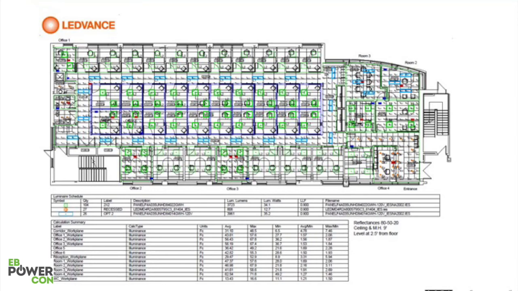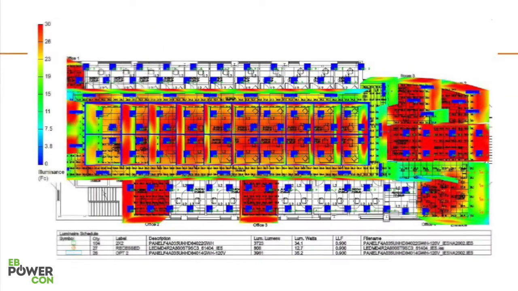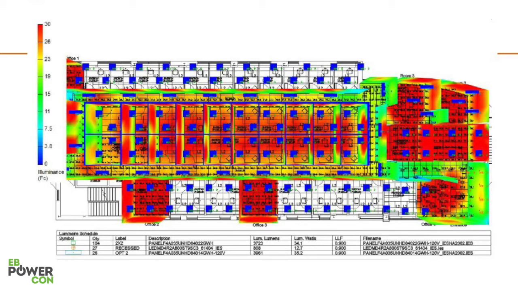You can see where the intense light is, where the lower levels are, and if you have to increase the lighting levels on certain areas. In this project, there had to be higher light levels in one spot over another because they were doing more quality control detailed work. They needed more light so they could see any imperfections before they let it off the line. These are tools that are available in the market.